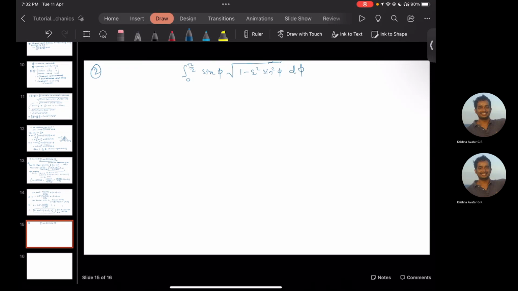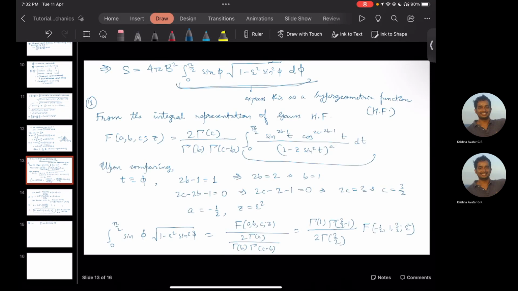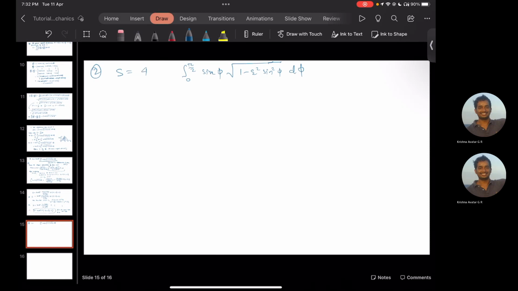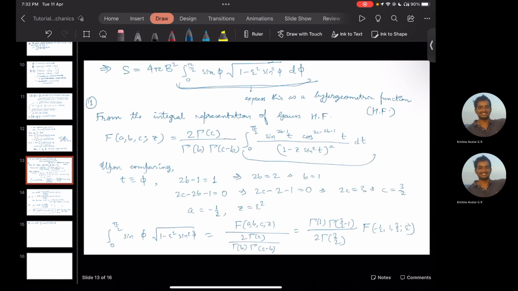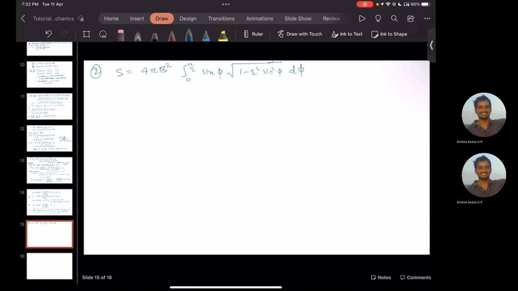This integral, which is S is equal to 4 pi b square, right? This is the first approach, and this is approach 2.